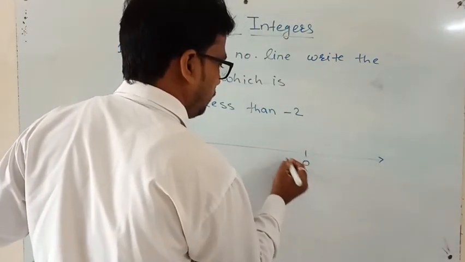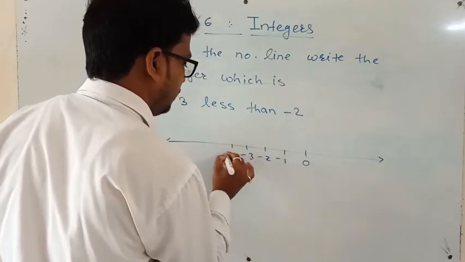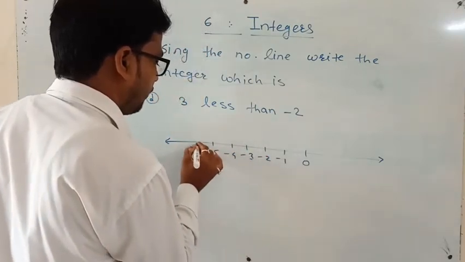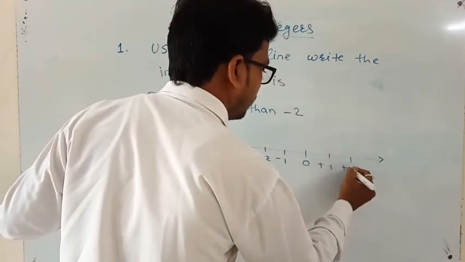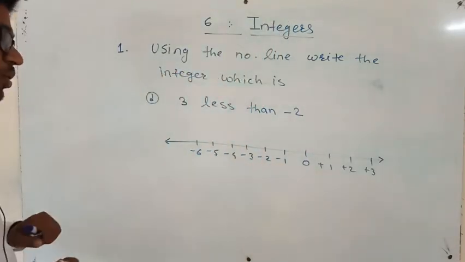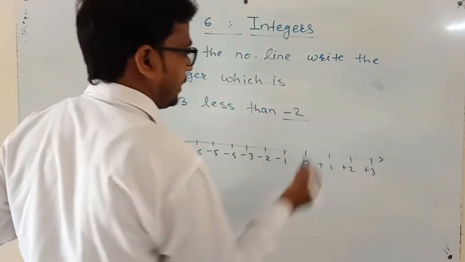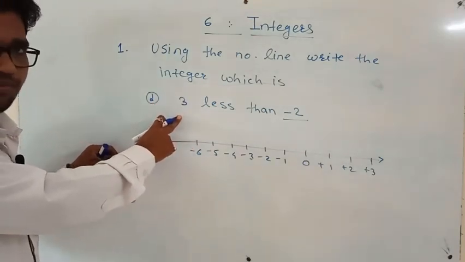So, it is 0, negative 1, negative 2, negative 3, negative 4, negative 5, negative 6 and so on. Here positive 1, positive 2, positive 3 and so on. Okay, so start with negative 2. Don't start with 3. If you start with 3, then it's wrong.